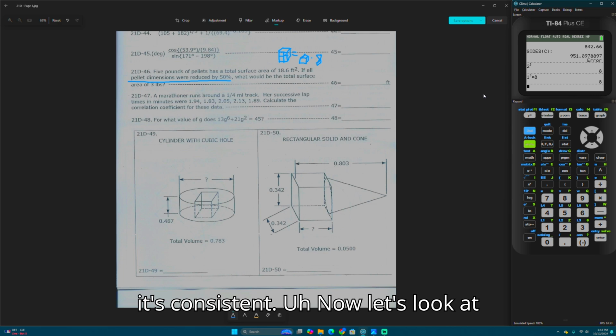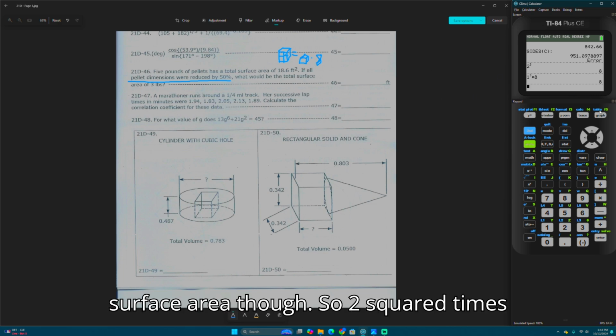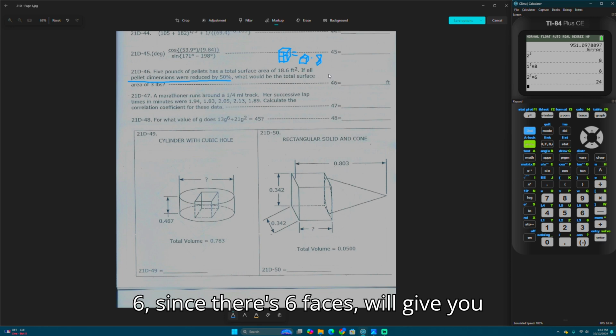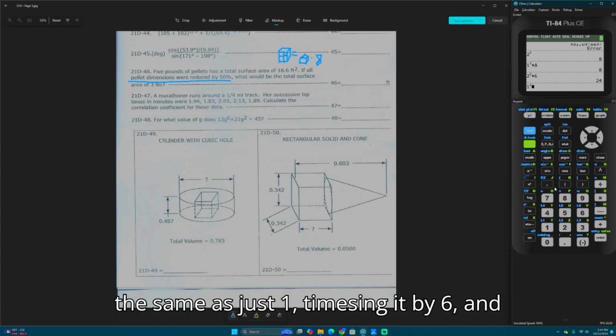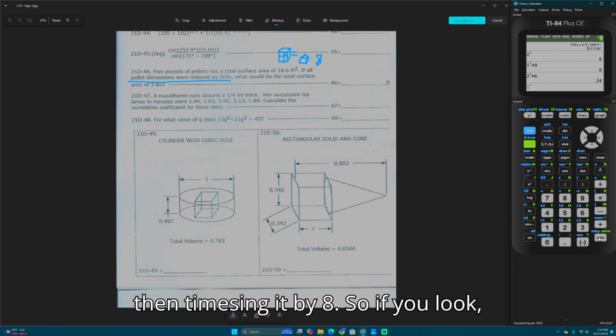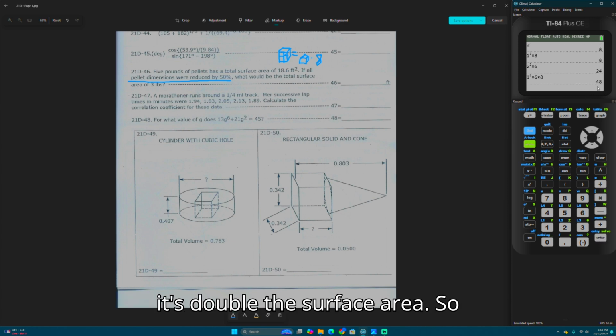So it's consistent. Now let's look at surface area though. 2 squared times 6, since there's 6 faces, will give you the surface area of this cube right here. Now let's do it for this little tiny cube. That's going to be 1 squared, which is the same as just 1, times 6, and then times 8. So if you look, it's double the surface area.